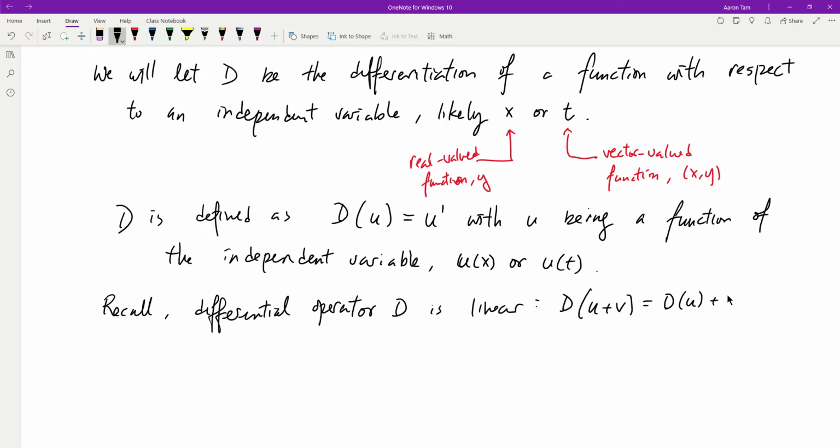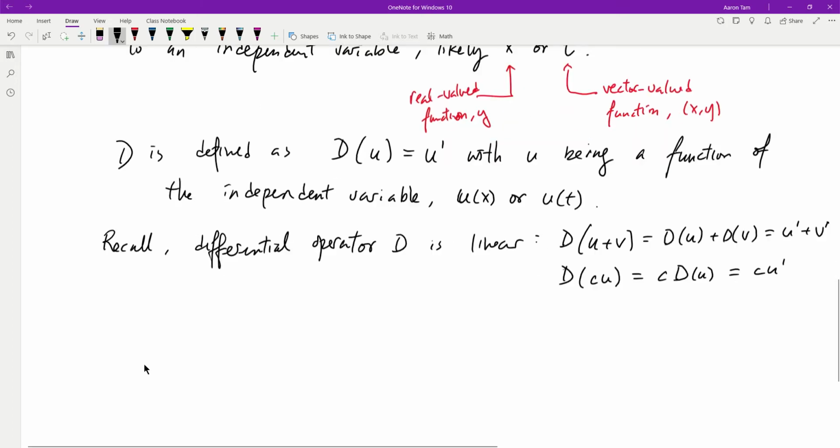It implies that if I take d of, let's say, two different functions, u plus v, that becomes d of u plus d of v, which basically means u prime plus v prime. Pretty simple. And if I do d of some constant multiplied by u, then that just becomes that constant times the derivative of u, therefore just becomes cu prime. So those are the two basic concepts of why differential operator d is linear, because it satisfies both of these properties.